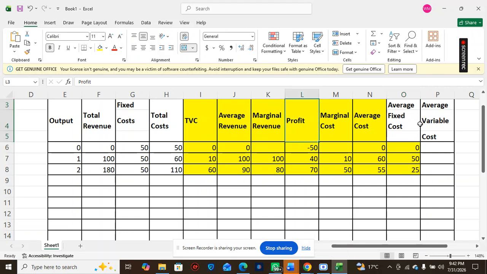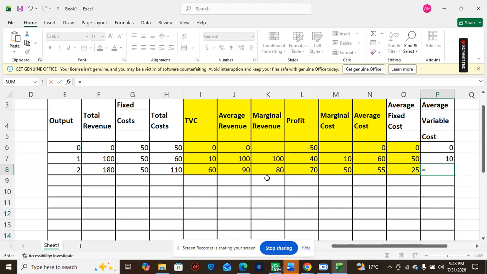Then average variable cost. So your total variable cost divided by quantity. Total variable cost here is 0, quantity 0. Here, total variable cost is 10, so I'm going to say total variable cost divided by quantity, that is 10.